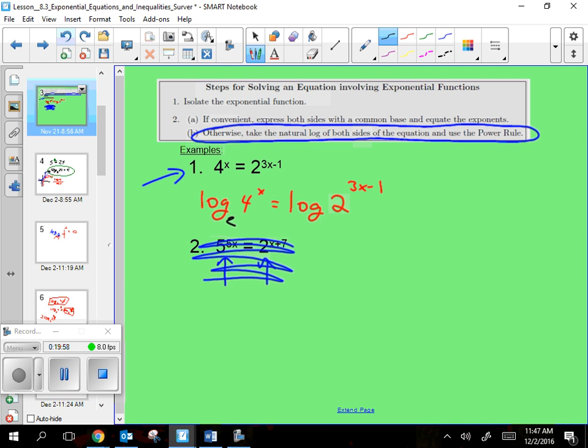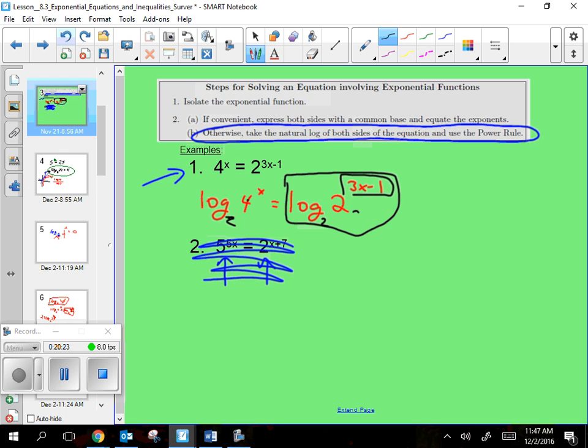Yeah, this log base 2 here would make this whole thing into like 3x minus 1, because the answer is the exponent then, right? So that would come out to 3x minus 1. There's no log anymore. And this one, I could change this 4 into a 2 squared. See what I mean? All right, so you can do the log on both sides, and that solves these problems.